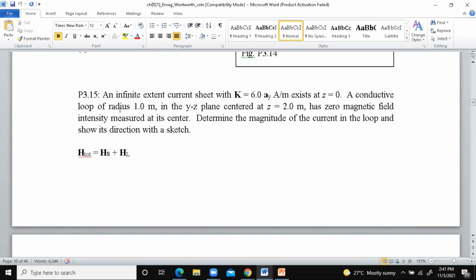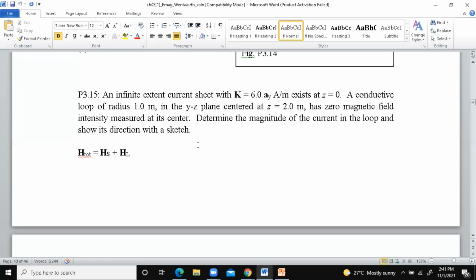A conductive loop of radius 1 meter in the YZ plane, centered at Z equal to 2 meters, has 0 magnetic field intensity measured at the center. Determine the magnitude of the current in the loop and show its direction with a sketch.